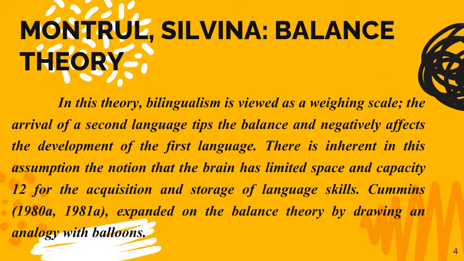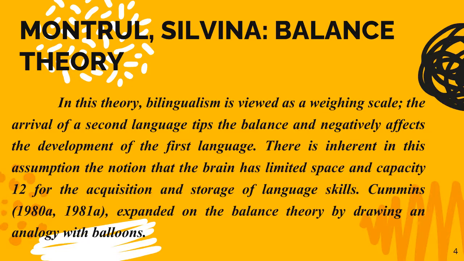In this theory, bilingualism is viewed as a weighing scale. The arrival of a second language tips the balance and negatively affects the development of the first language. There is, inherent in this assumption, the notion that the brain has limited space and capacity to allow for the acquisition and storage of language skills.